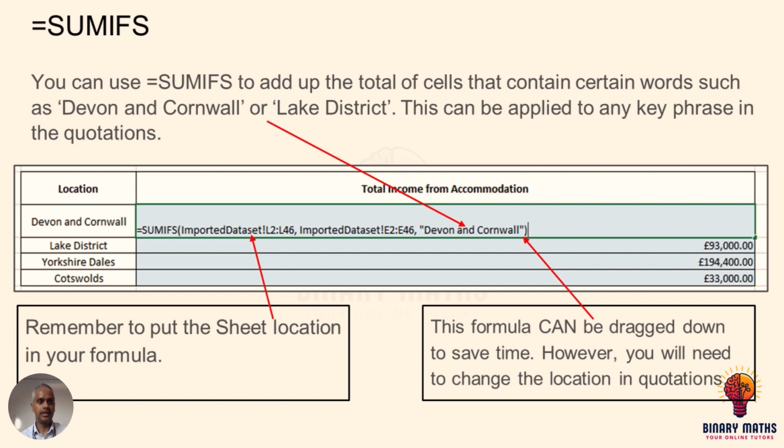It's very likely that you're going to have to use a variety of sum if functions as you go through the controlled assessment. Now, again, this one is using some sample data. Depending on what the scenario is going to be asking you to do, you may need to use this once, you may need to use this a few times. But again, you might want to hit pause here and have a look at how this actually works.